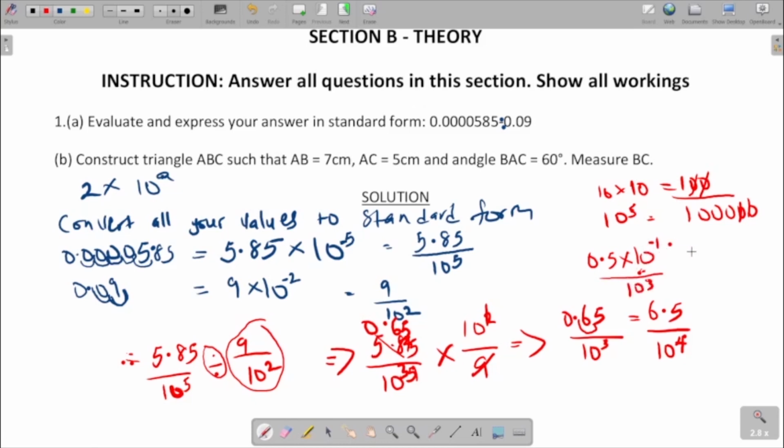So this is 6.5 over 10 raised to power 1, times 10 raised to power 3, which gives you 10 raised to power 4. So our answer, bringing the 10 back up, we put back the negative sign there. So it is 6.5 times 10 raised to power 4.